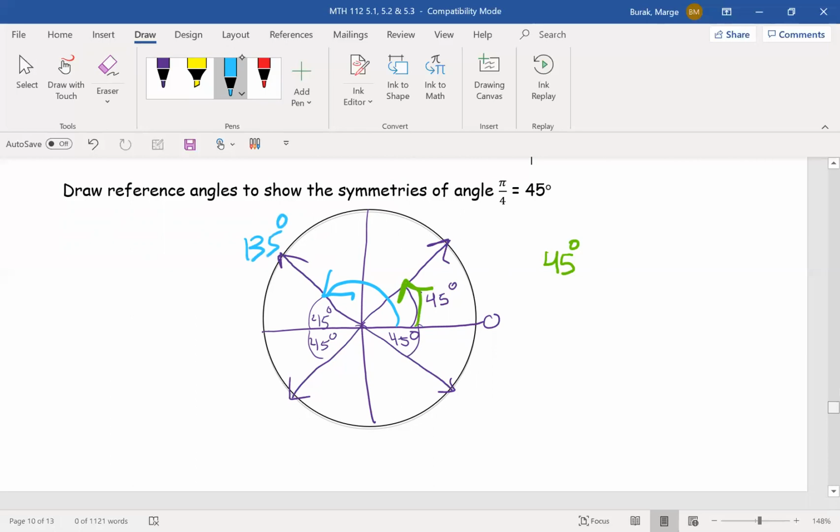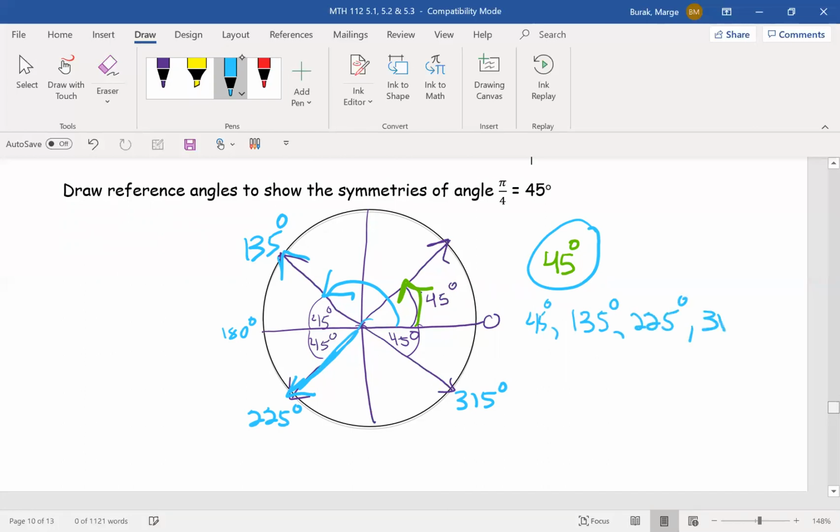And which angle is down here in quadrant 3? Well, this is 180, so we're going to add 45. So that's my 225. And then over here is going to be 45 degrees from 360, so that's going to be 315 degrees. So the angles that have a reference angle of 45 degrees are 45 degrees, 135 degrees, 225 degrees, and 315 degrees.